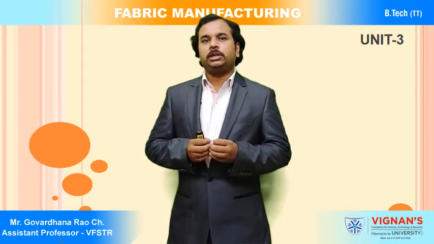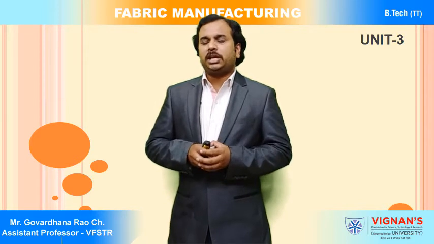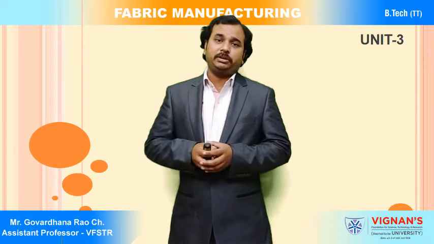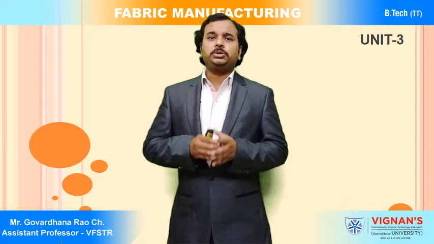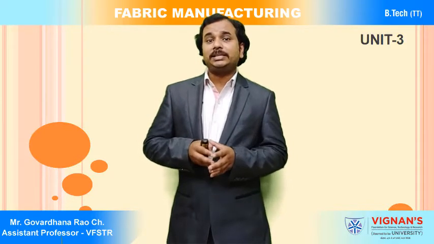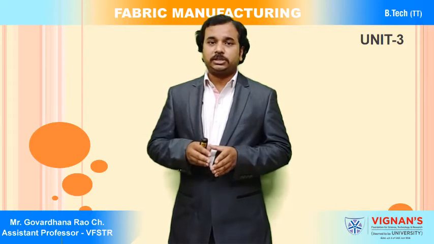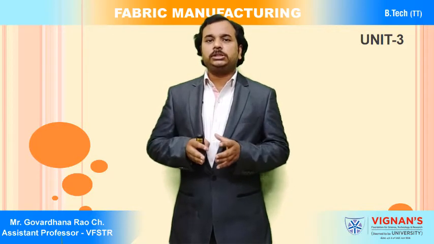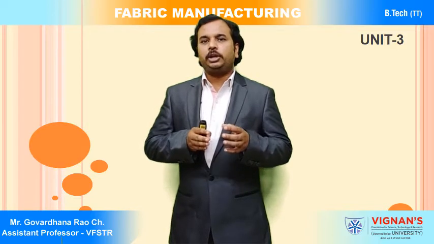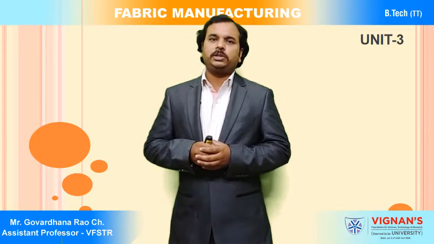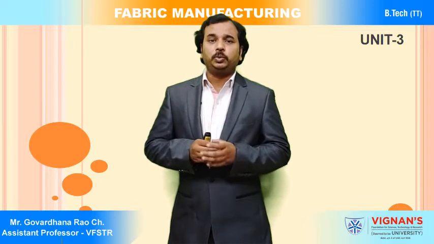Along with that we saw the size application, that is sizing machines like the 2-cylinder sizing machine as well as multi-cylinder sizing machines, and the various zones in the sizing machine, and their individual importance, in unit number 2.